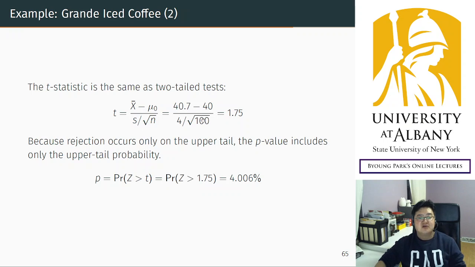So the T-statistic is 1.75 if you calculate this, and the p-value now is calculated in this way, only on the upper side because it is an upper tail test. In our previous example, we considered a lower tail test, so the p-value was defined by the other inequality, but now it's greater than. So the probability, if you use a calculator, you will get 4%. So 4% is the p-value obtained from this data and from the upper tail test hypothesis.